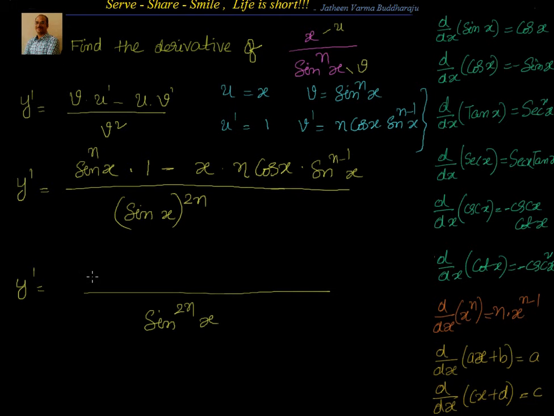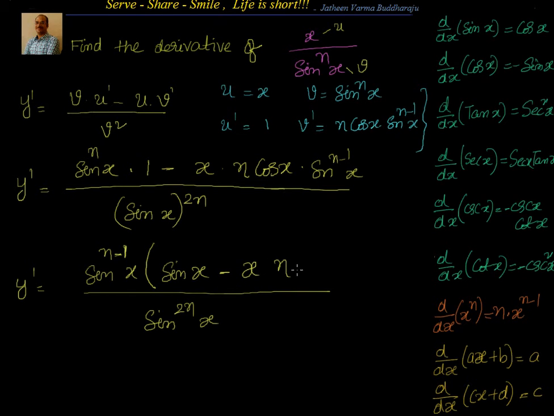I can take sine to n minus 1 x common. If I take that common, I will have 1 sin x here. If you are able to understand that, because sine to the power of n minus 1 x into sine to the power of 1 x, n minus 1 plus 1 is n. I hope you are okay with that.